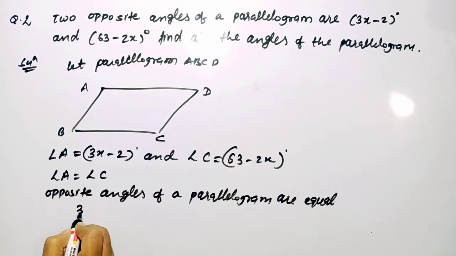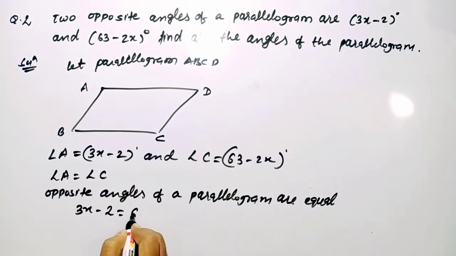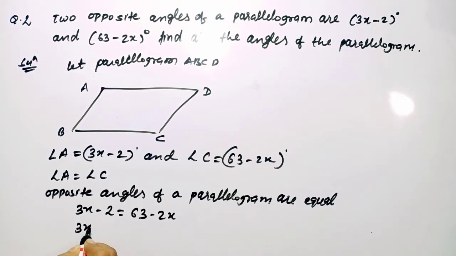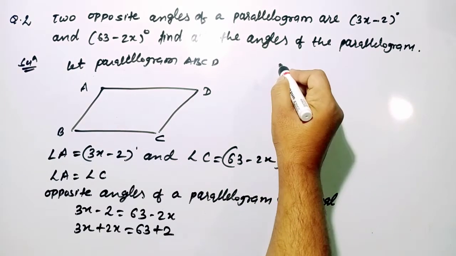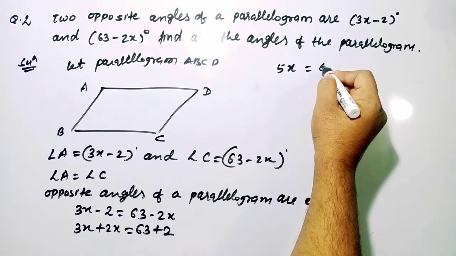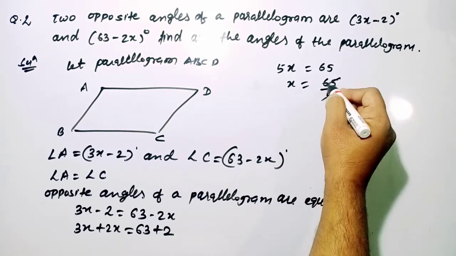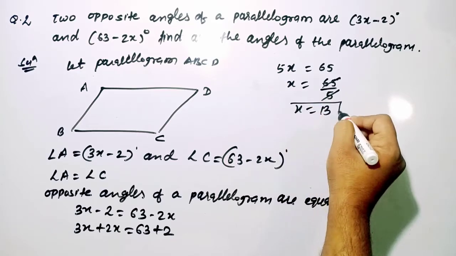Substituting the values of angle A and angle C, 3x minus 2 is equal to 63 minus 2x. Separating constant and variable terms, we are getting 5x is equal to 65. So x is equal to 65 divided by 5, and we are getting 13.